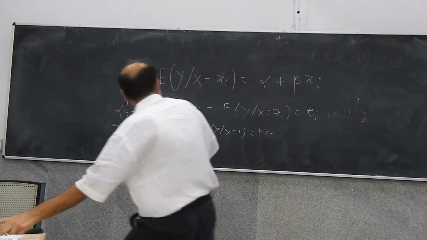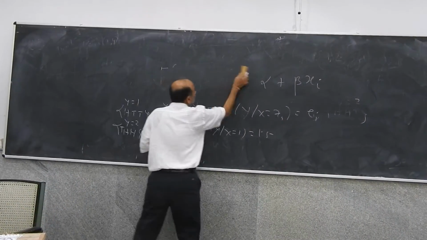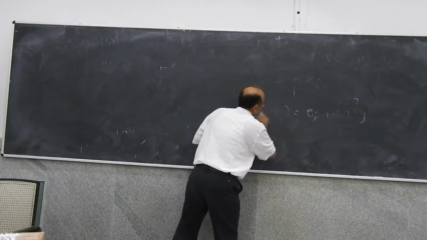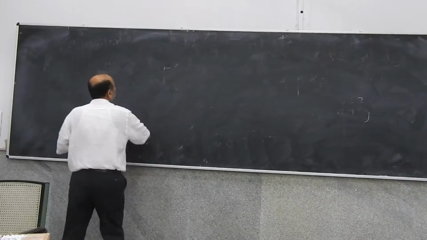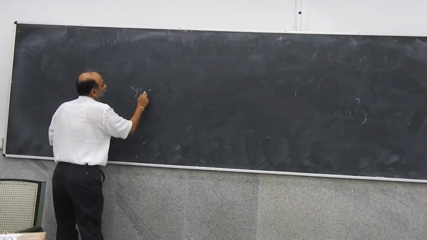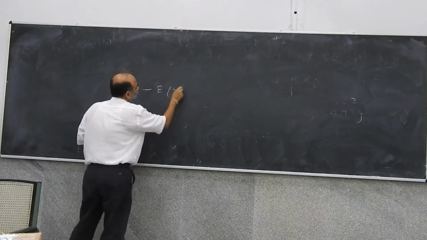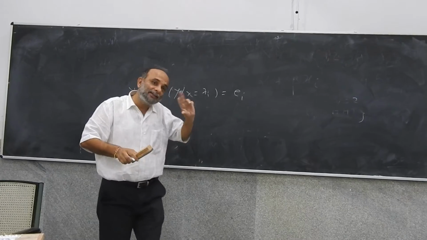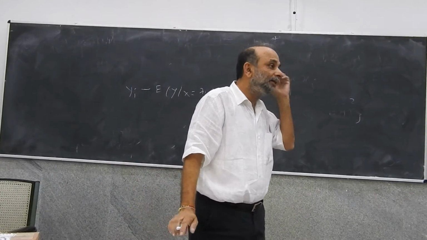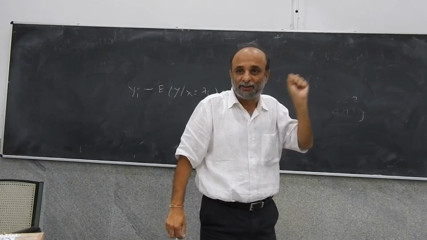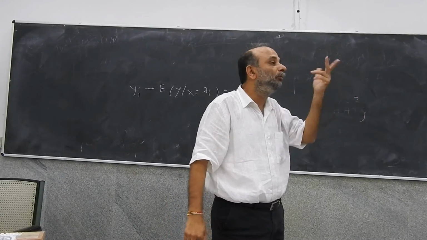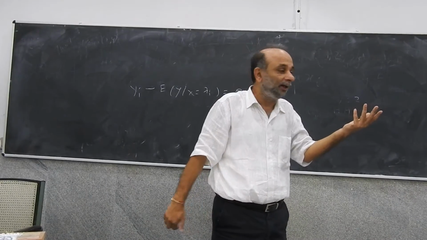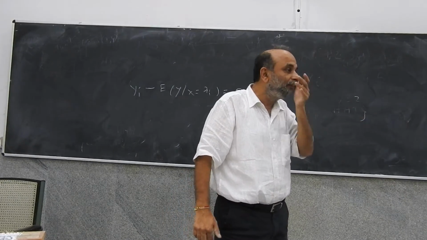So in general, I can write yi equals the conditional mean plus ei, where ei is a random variable. In this case, it takes the values plus 0.5 and minus 0.5, because it's a binary variable. It's just like tossing a coin, right?